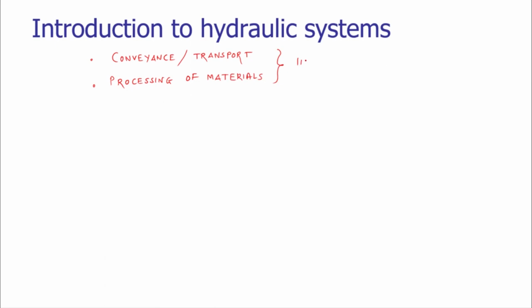And the systems required to supply this energy are called industrial prime movers. We have seen one industrial prime mover, the electrical drives, in our previous weeks. Electrical drives are very widely used in industry to convert rotary motion into translatory motion, or even the rotary motion itself can be utilized to carry out a variety of operations.